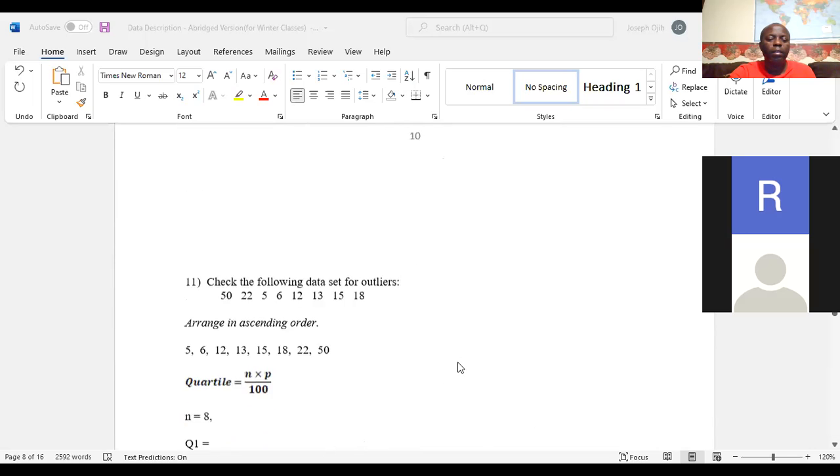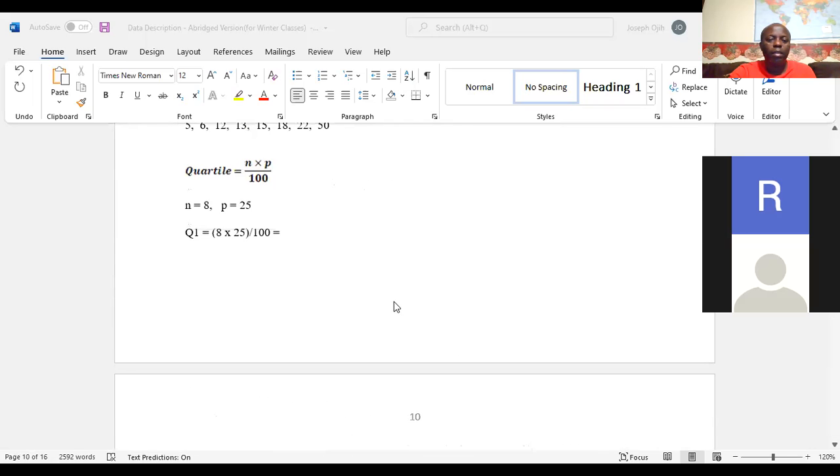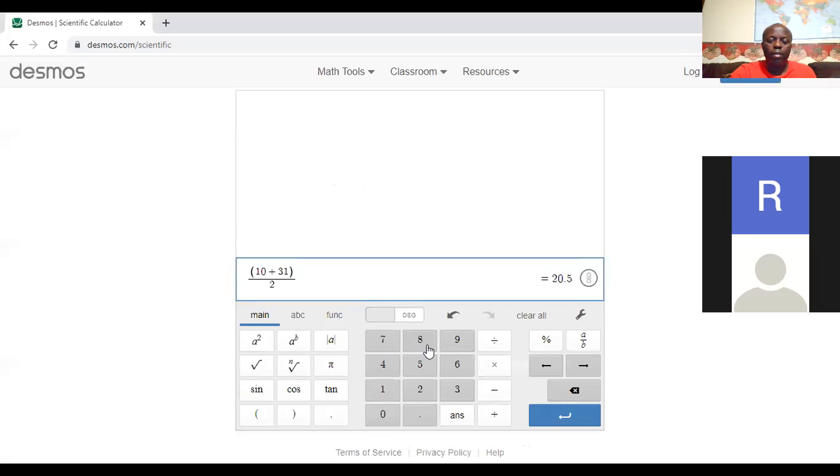So we have 8 times 25 over 100. Now this time we got a whole number, which is 2. Unlike before, remember, if you get a number with a decimal part, go to the next number.